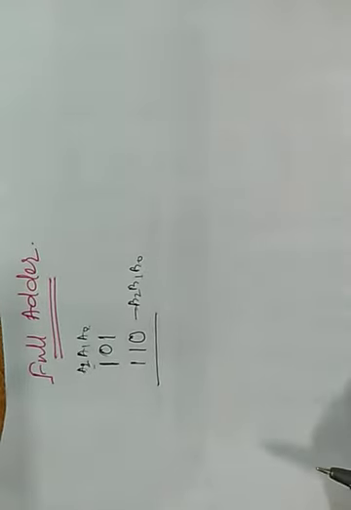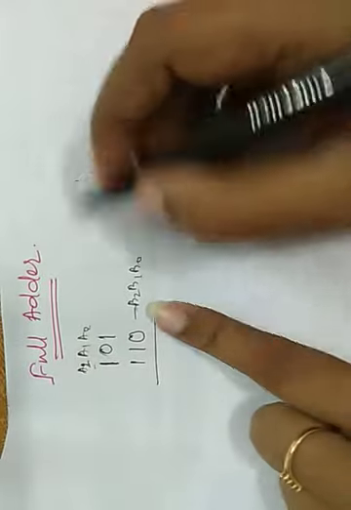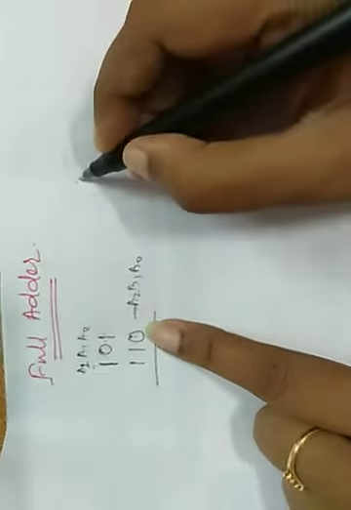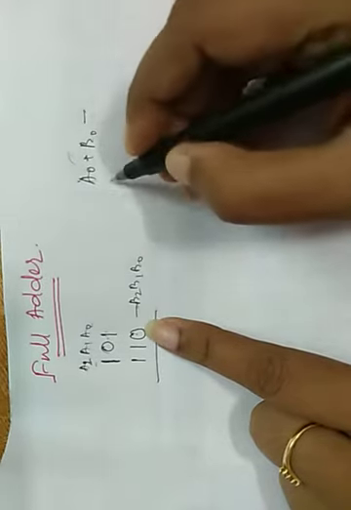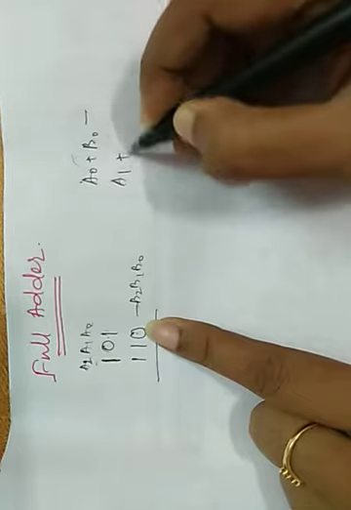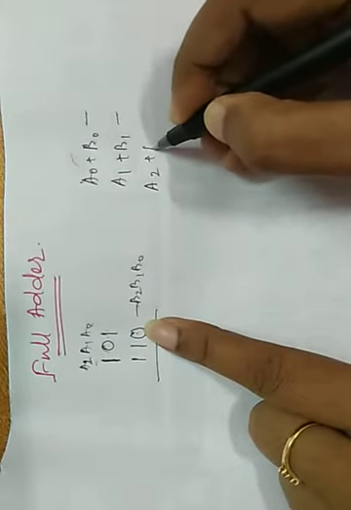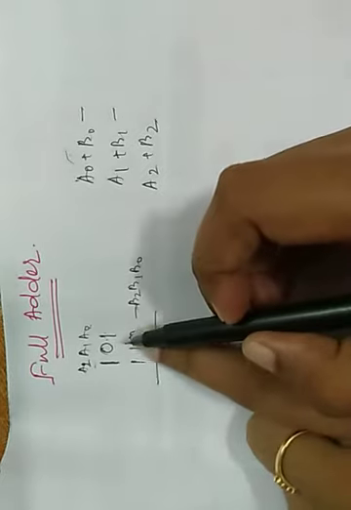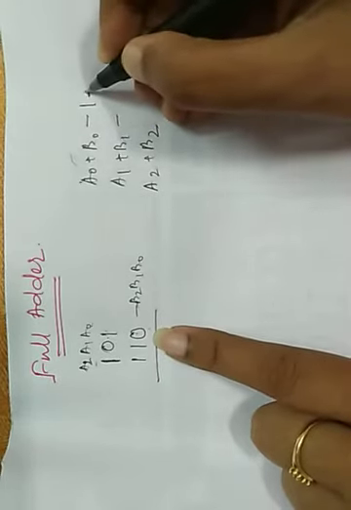Here we have to add bitwise. That means A0 is added with B0, A1 with B1, and A2 with B2.